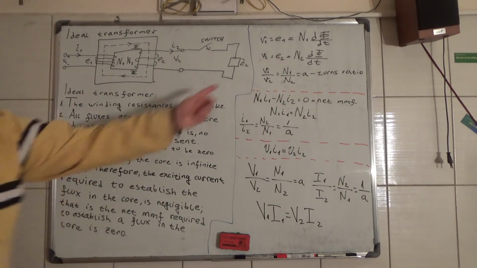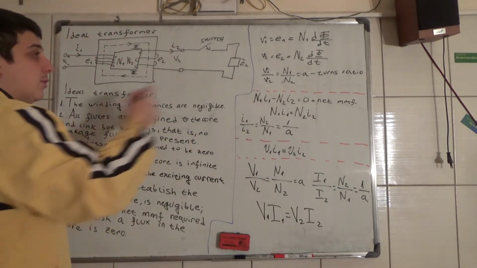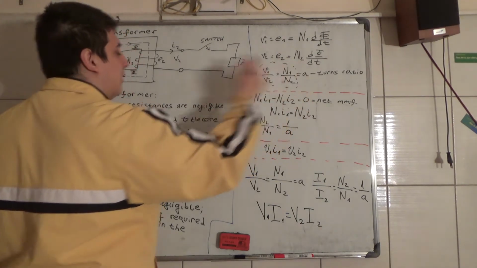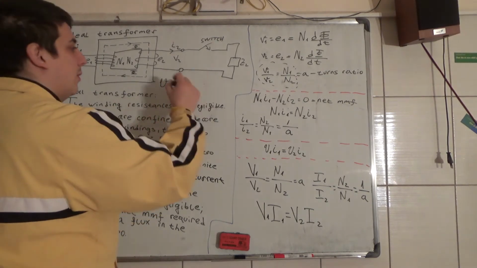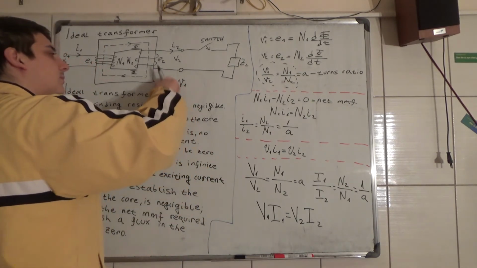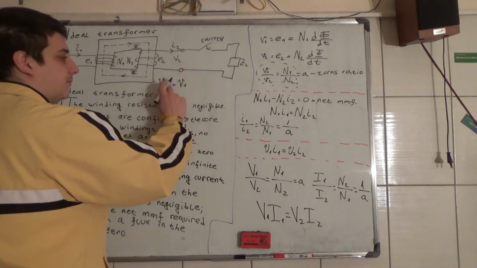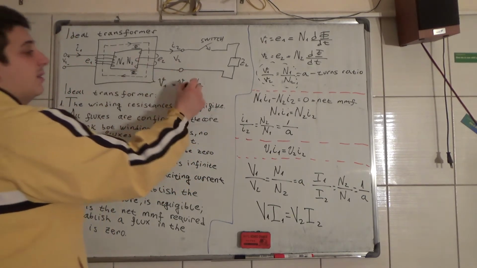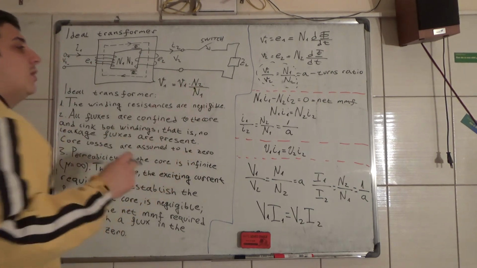So what does this mean? This means that, for example, V2, looking at this equation, is equal to V1 times N2, the number of turns on the secondary, divided by the number of turns on the primary.